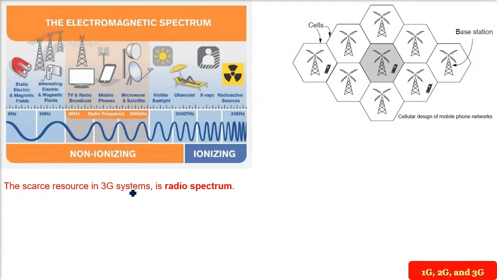Now there is a spectrum, electromagnetic spectrum, and there is a radio spectrum. For the 3G system, the spectrum or the frequency range is very scarce, very short. Now why is it related? Because you need to talk on a certain frequency.